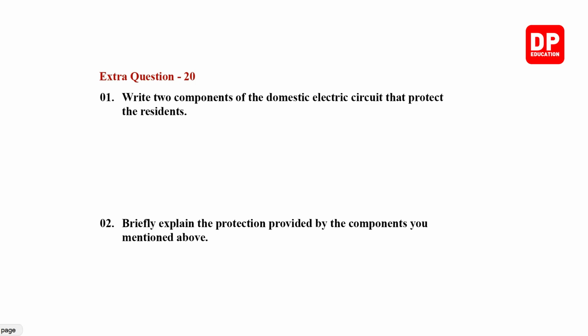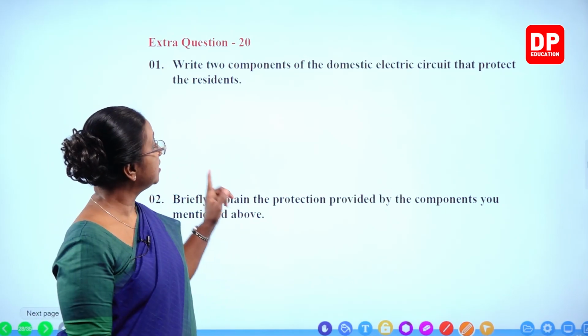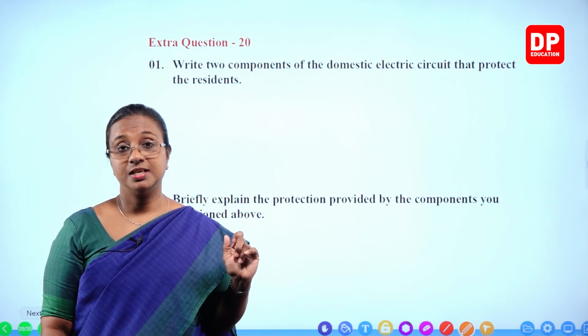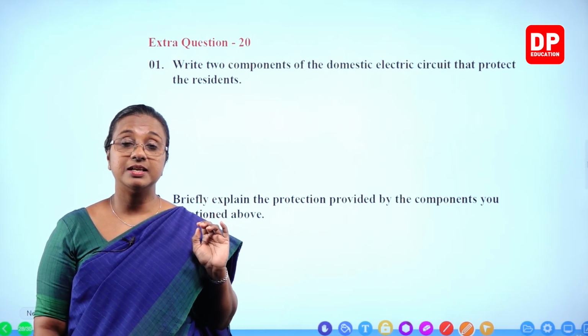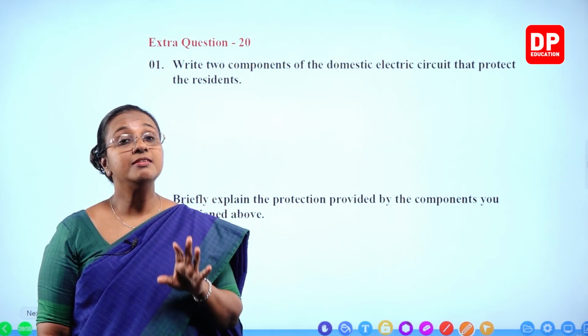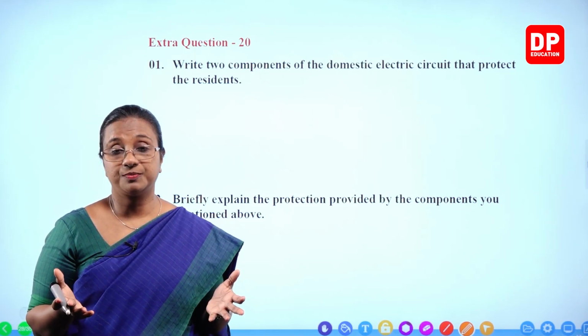Extra question 20. Write two components of the domestic electric circuit that protect the residents. What are the components that protect the residence? One is the residual current circuit breaker, RCCB, or the trip switch, that protects the residence from electric shock.